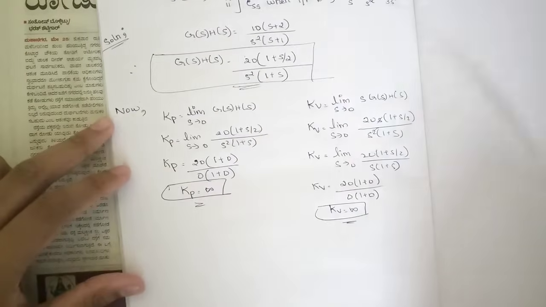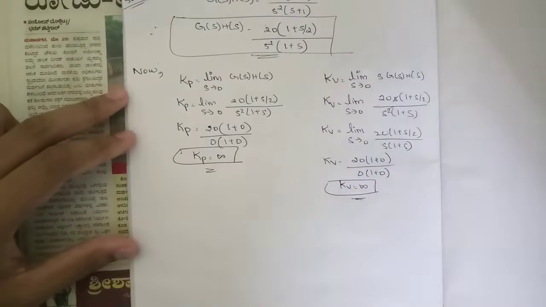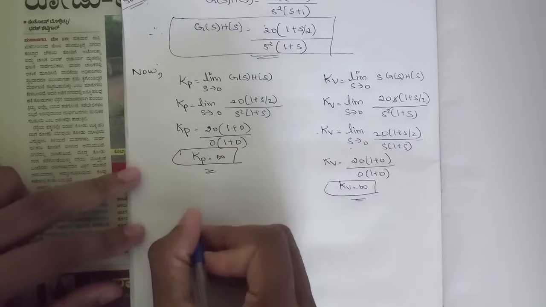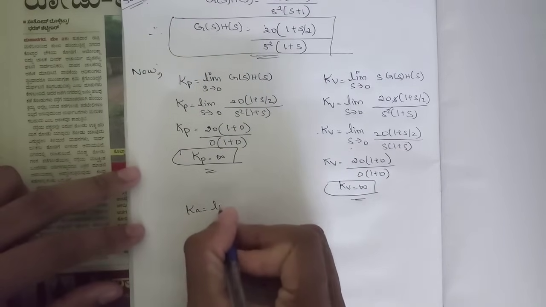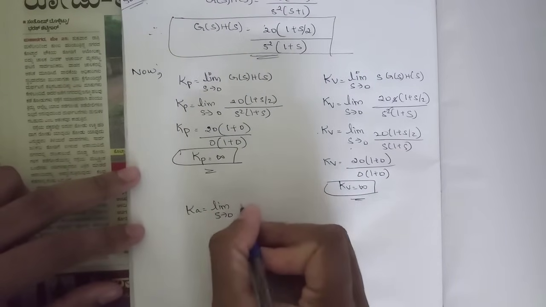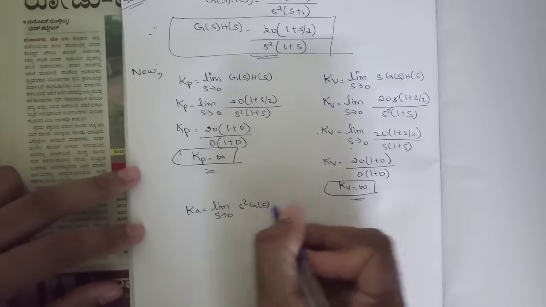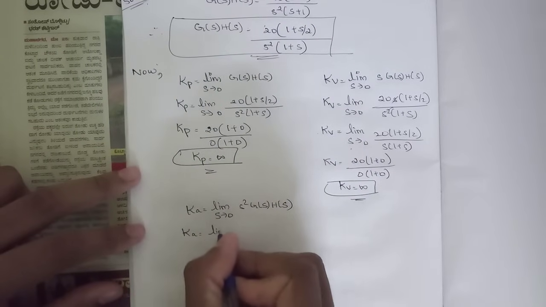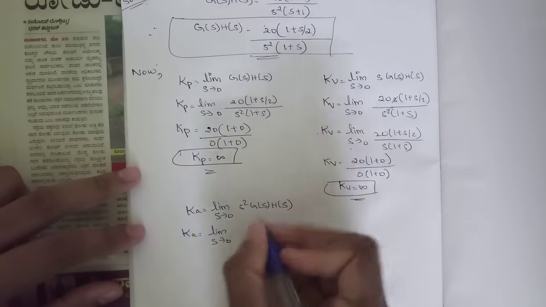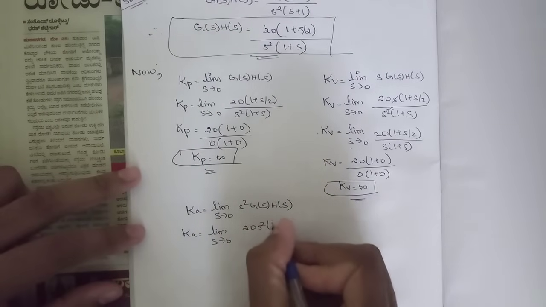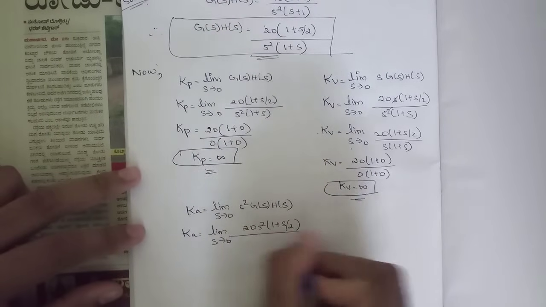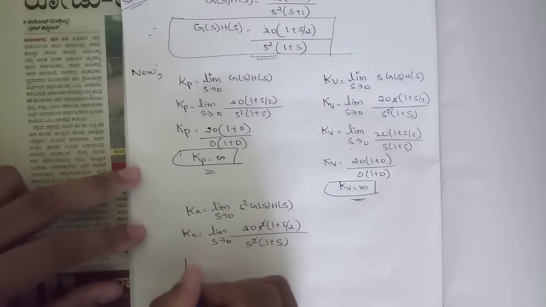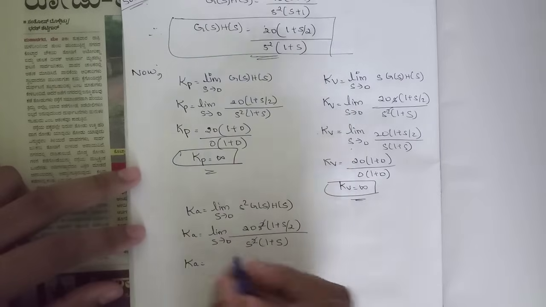Similarly, find the value of Ka, which is the limit as s tends to 0 of s^2 G(s)H(s). So Ka is the limit as s tends to 0 of 20s^2(1 + s/2) / (s^2(1 + s)). The s^2 gets cancelled, so we directly apply the limits.